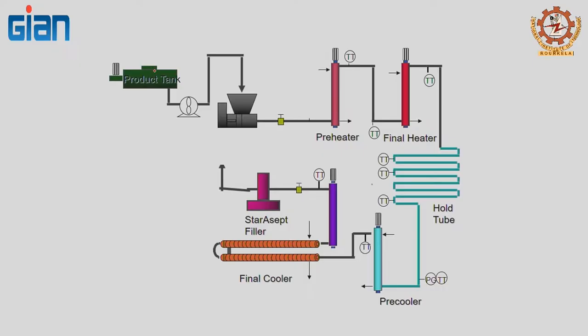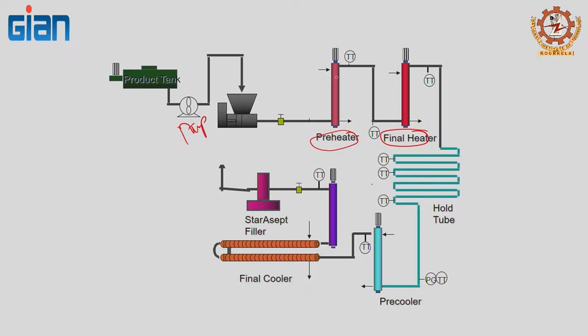So, you have a product tank and then you have a pump. This is the pump here, and then you are going to pump this through a preheater followed by a final heater. Let us suppose I have some tomato soup and I am pumping it, and then you are going to preheat.